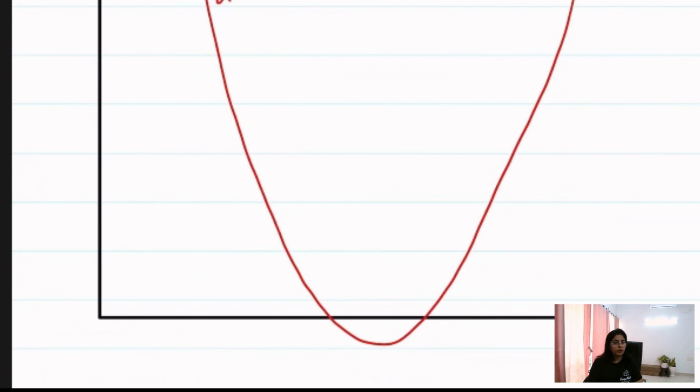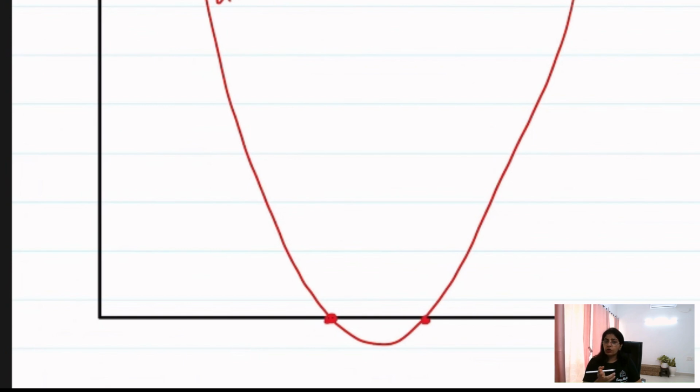This parabola is representing the whole polynomial. And this point and this point, where the parabola cuts the x-axis, are the solutions of this polynomial. That means these are the zeros of the polynomial. The point where the parabola cuts the x-axis is called the zero of the polynomial.